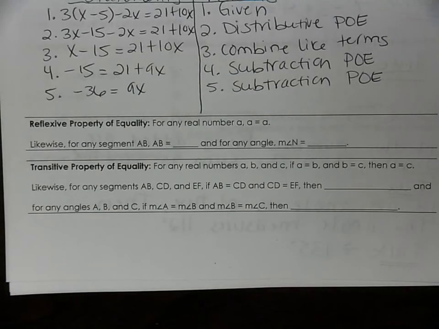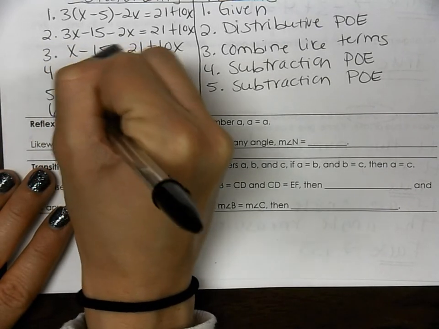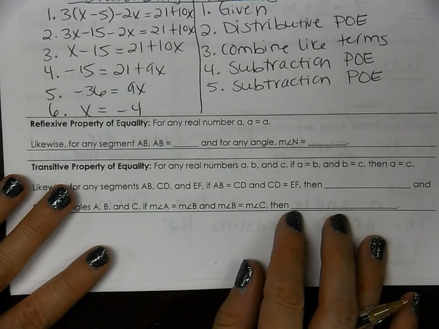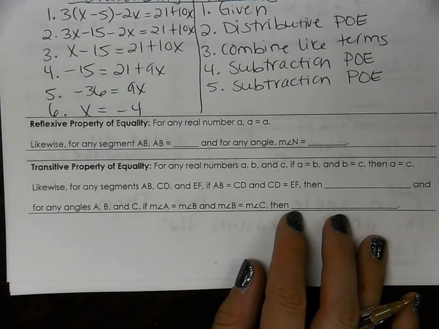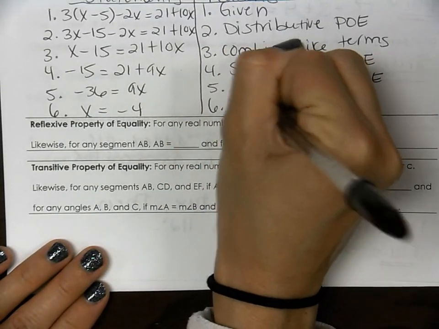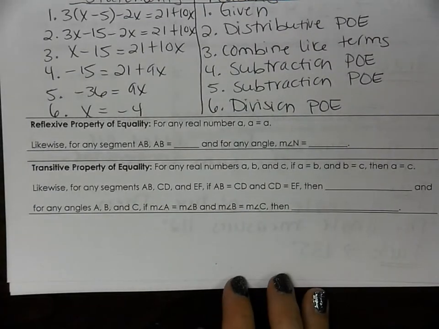And I like to put my x first, so I'm just going to put x equals negative 4 instead of negative 4 equals x. Doesn't make a difference, but this looks a little bit nicer. Okay. And to get that, again, we had to divide. Okay. So my reason is division property of equality.